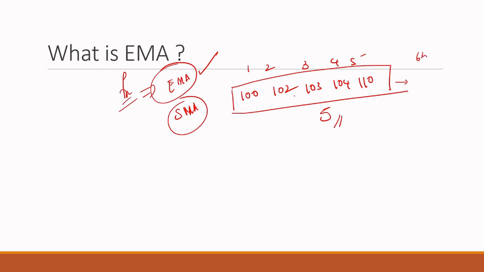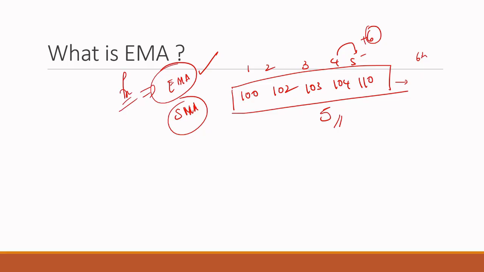But if you have noticed here, the changes from day 1 to day 2, day 2 to day 3 have been marginal. But from 4 to 5, there has been a change of 6 rupees. Simple moving average just takes in the data points and then divides by the number of observations to give you the simple moving average.